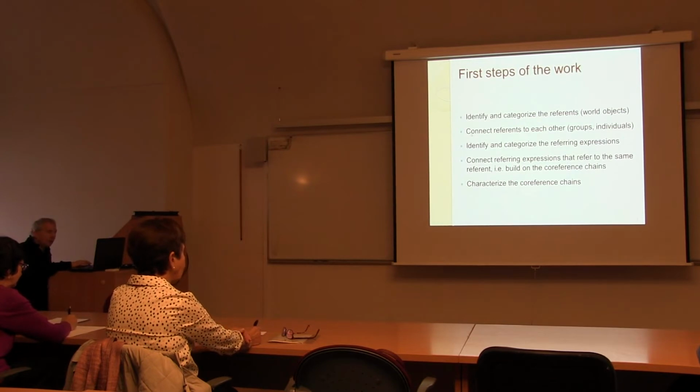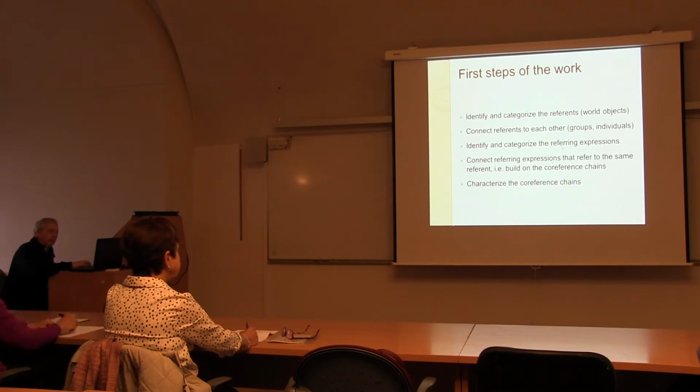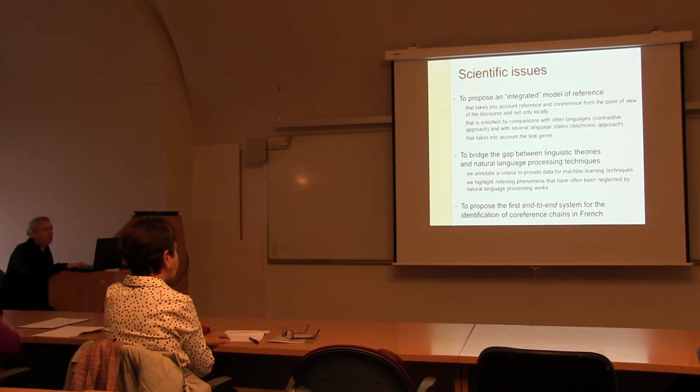So, to do that, we have to connect references to each other and then build a kind of hierarchy of references. Then we have to identify and categorize all the referring expressions in the text and connect them, in particular when they refer to the same object. In that case, we have a coreference chain. And at the end, the aim is to characterize the coreference chains.